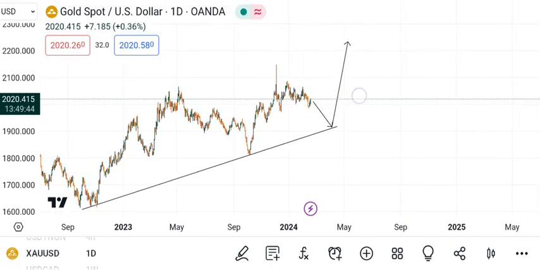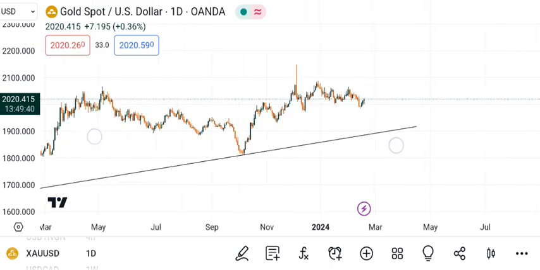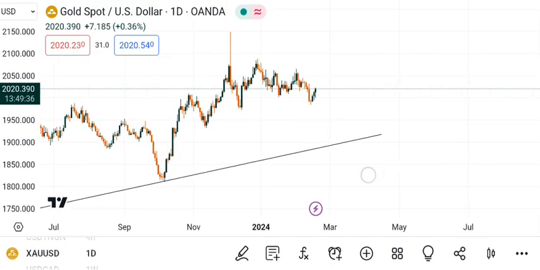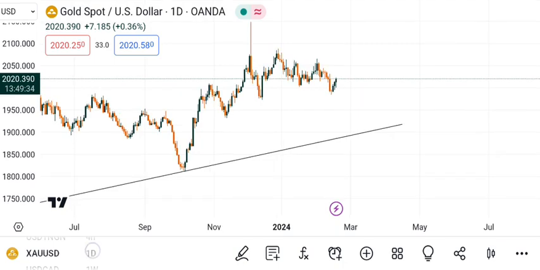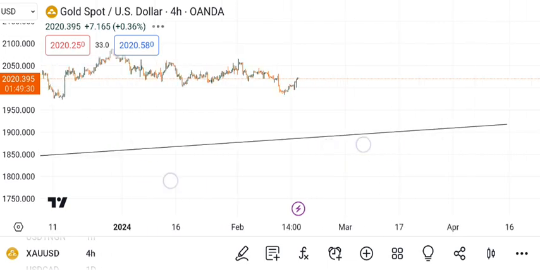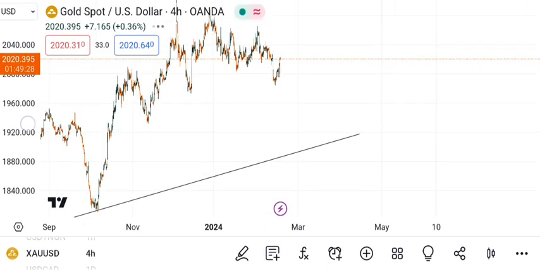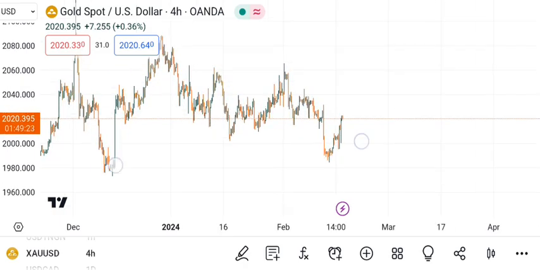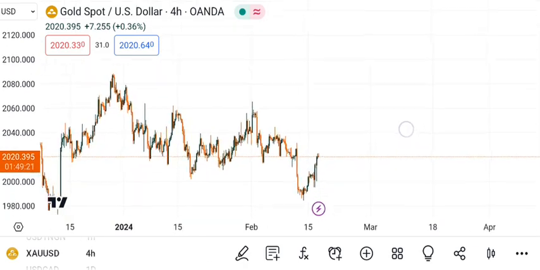All right, so let's dive in deeper to the 4-hour time frame. Note, we're expecting sales from the market, from gold. We're expecting sales overall, so I'll go to the 4-hour time frame. The 4-hour time frame looks very good, as you can see.